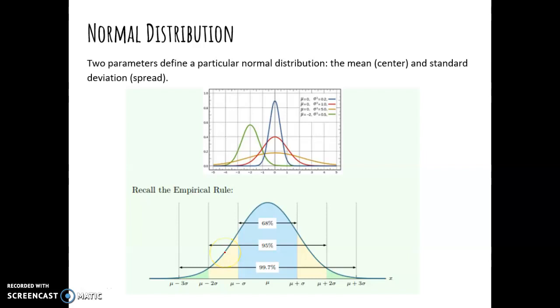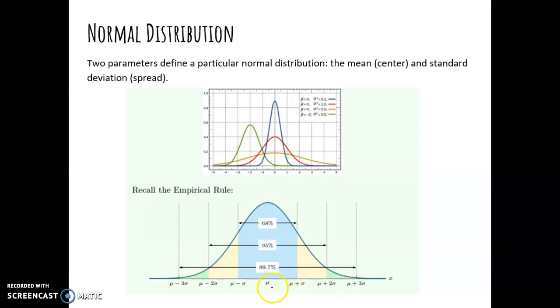You'll also recall the empirical rule that we discussed in earlier videos. Approximately 68% of the data is within one standard deviation above and below the mean. 95% of the data is within 2 standard deviations of the mean. 99.7% of the data is within 3 standard deviations of the mean.